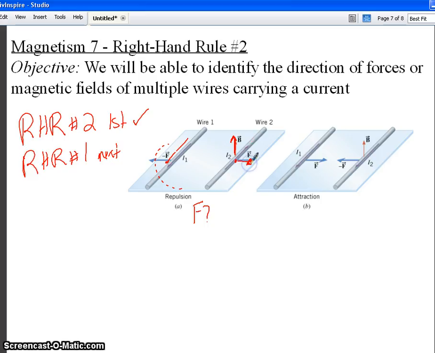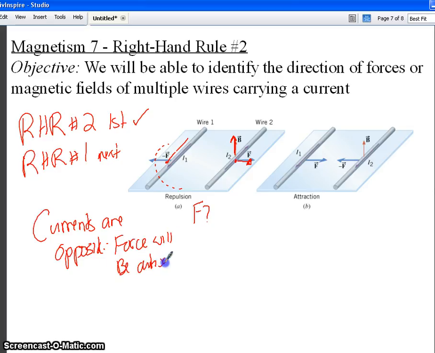So if the currents are opposite, the force will be outward. The force will be outward. Okay, so the current is opposite, the force will be outward.